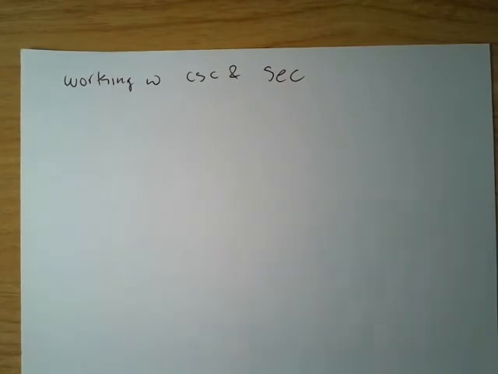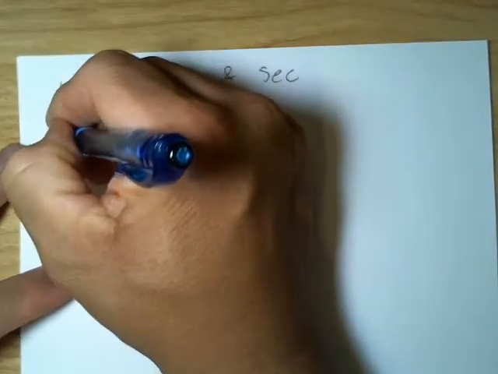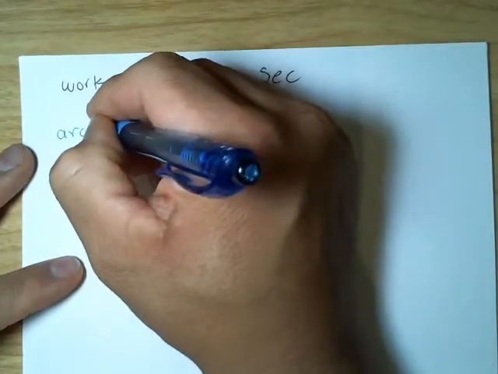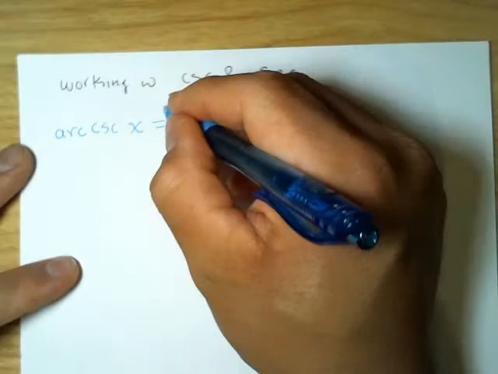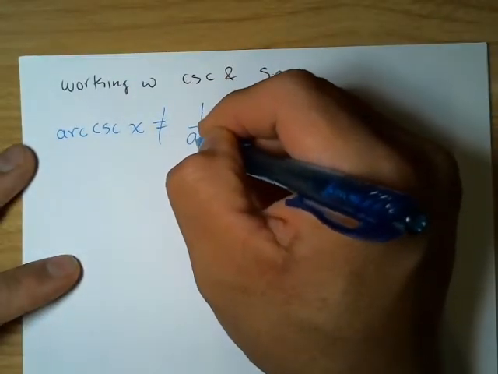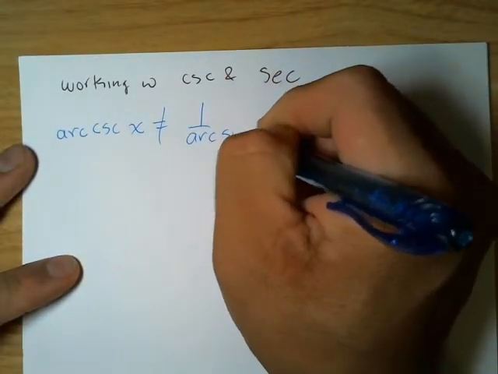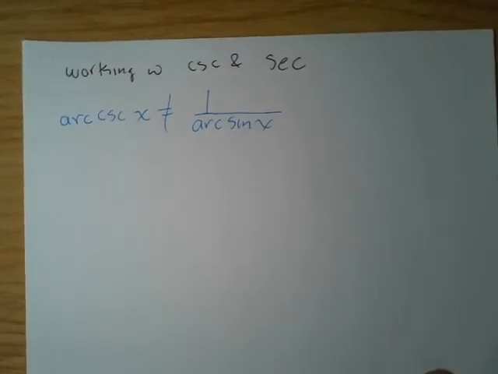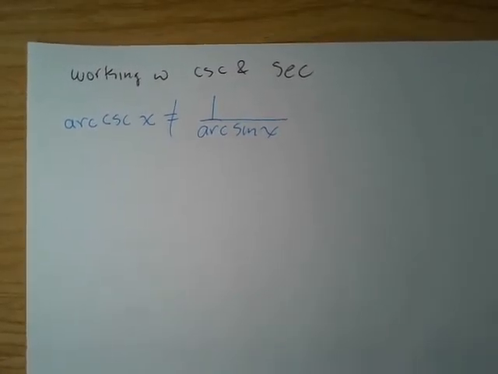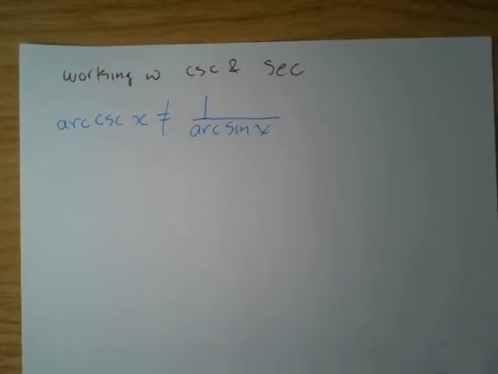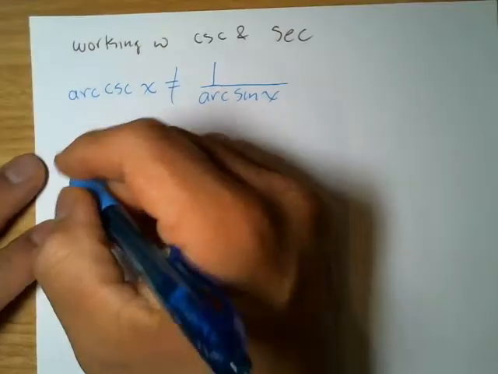Now, unfortunately, the arc cosecant does not equal 1 over the arc sine of x. Okay, very common mistake, right? They are related in a way, but this is not their relation.